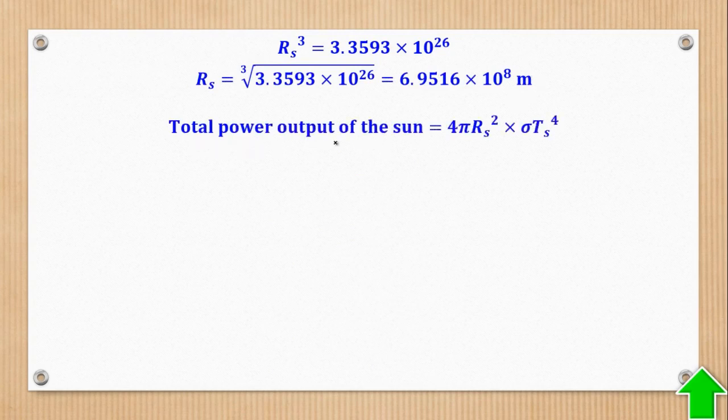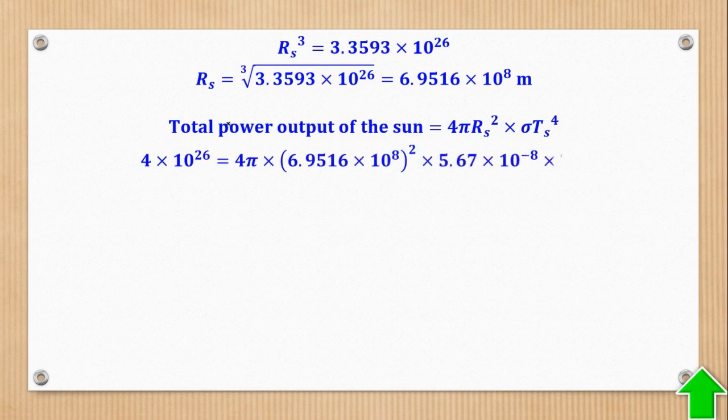Therefore, now total power output of the sun is equal to surface area times Stefan's constant times temperature of the sun raised to the power 4. So I'll substitute. Total power is that, it was given, 4 pi is here, r is here, it is squared, Stefan's constant, and Ts to power 4.